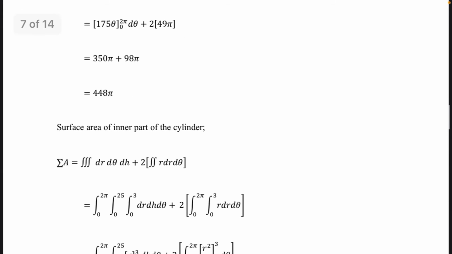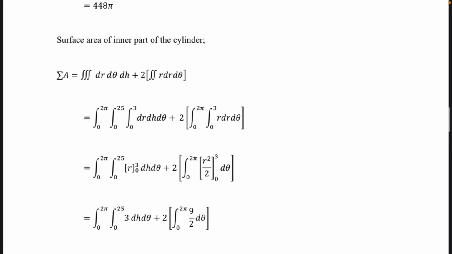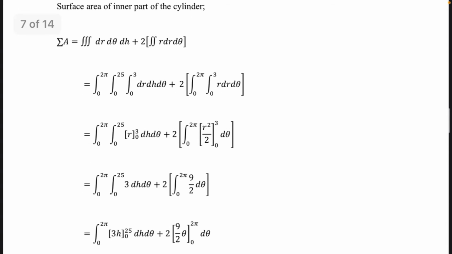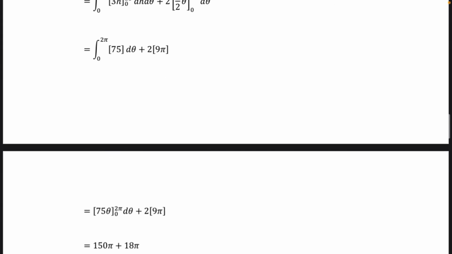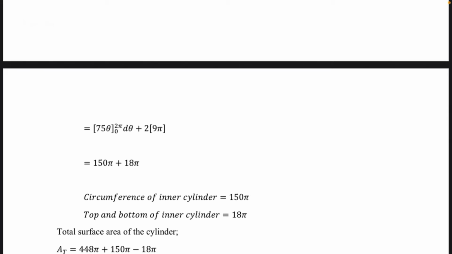Okay, next part is the surface area of the inner part of the cylinder. It's the same formula: the first part is the circumference of the cylinder, and the second part is the top and bottom surface area of the cylinder. We integrate it and we get the circumference of the inner cylinder as 150 pi, and the top and bottom of the inner cylinder as 18 pi.